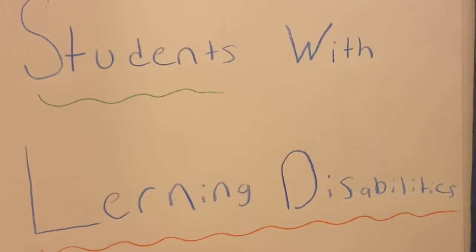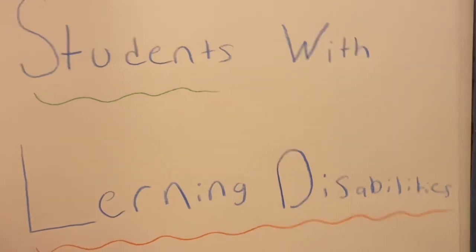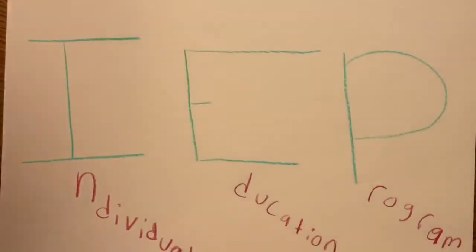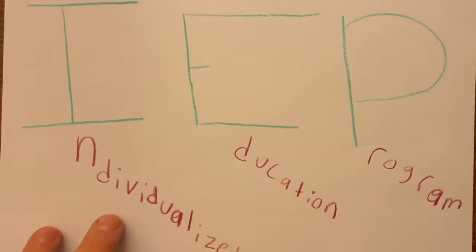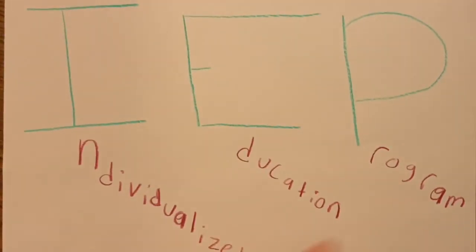And for a majority of these, those students will receive IEPs, or Individualized Education Programs, which are designed to help those students in an accommodating fashion by giving them the tools they need to succeed, in a program that's mainly about setting goals and assisting the student with meeting those goals.